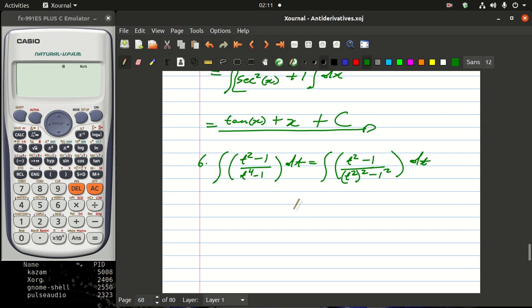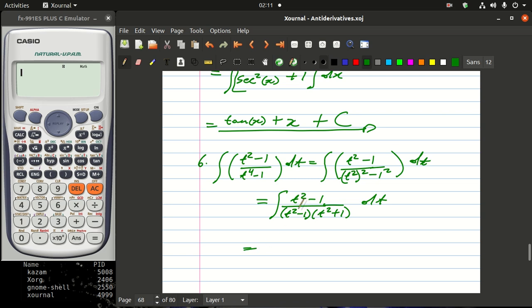Now I want you to realize that in the denominator there, this is a perfect square, so you will have a t squared minus 1 and a t squared plus 1, and then you have a dt.